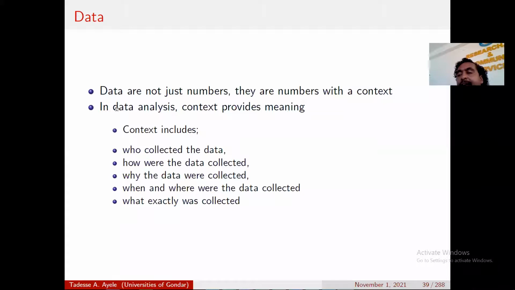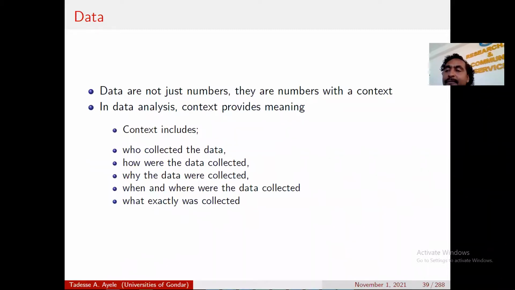Now I am telling you the definition of data. Data does not mean numbers. Data means they are numbers with the context. Context matters. Context includes, for example, who collected the data, how were the data collected, why the data were collected, when and where were the data collected, and what exactly was collected.